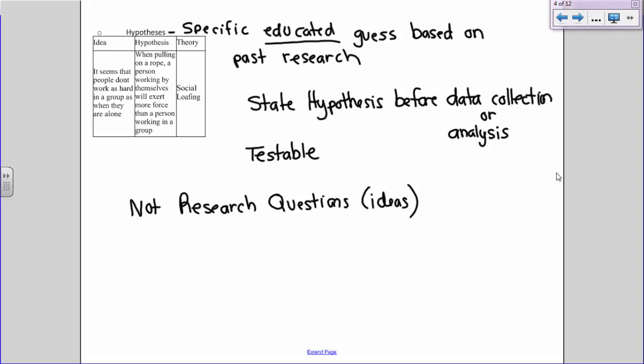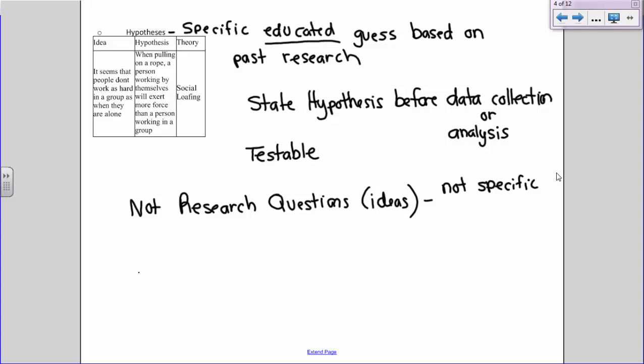So not research questions, because they are not specific enough. You have to make a specific prediction with a hypothesis. A research question is like, will this happen? Will monkeys have a preference in food? Well, that's not a testable hypothesis. That's more of a research question. We don't know. We're going to find out.